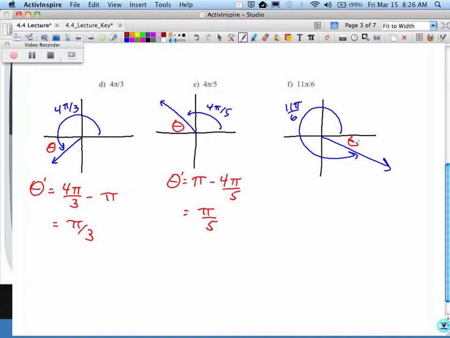A lot of you might be thinking in your head 11 pi over 6 is the same as 330, right? But I haven't quite reached 360, so when I calculate my reference angle, I can do 360 minus 11 pi over 6, which would be, again, pi over 6 for the reference angle. Or you could have written down 30 degrees had you converted it into degrees.